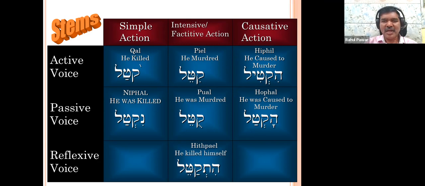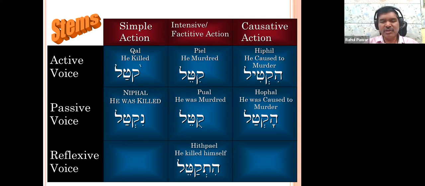So here the action is someone bringing someone to the state of sanctification. So this action is a factitive action rather than intensive. Whereas Jeroboam caused Israel to sin. Here we see that the action is causative. So this is the difference between factitive and causative.